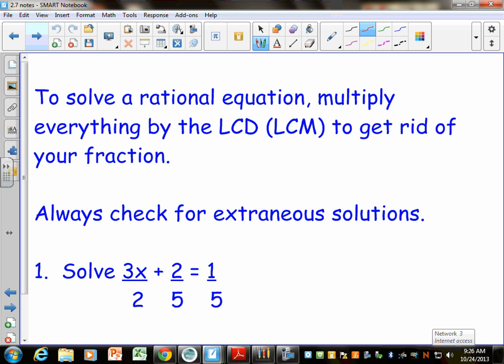Okay, so we're going to start really simple here, not really what's on your homework, but just to get the idea across. If you're solving a rational function, you have fractions, the best thing to do is get rid of your fractions, all right? I picked a really easy one where you don't really have to get rid of your fractions, but the big idea here is you have to find a common denominator, which you can call an LCD for the least common denominator, or you can call that an LCM for a least common multiple.